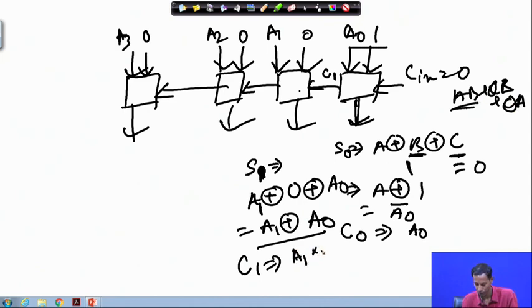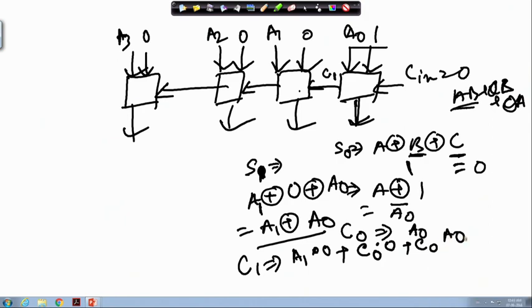A1 into 0 plus C0 into B, that means 0, plus C0 into A1.